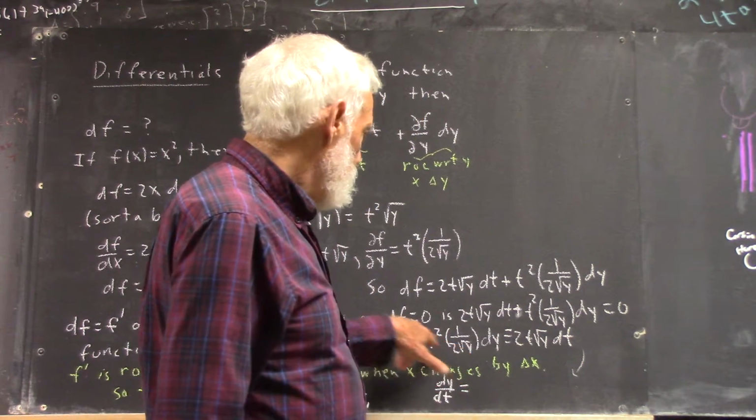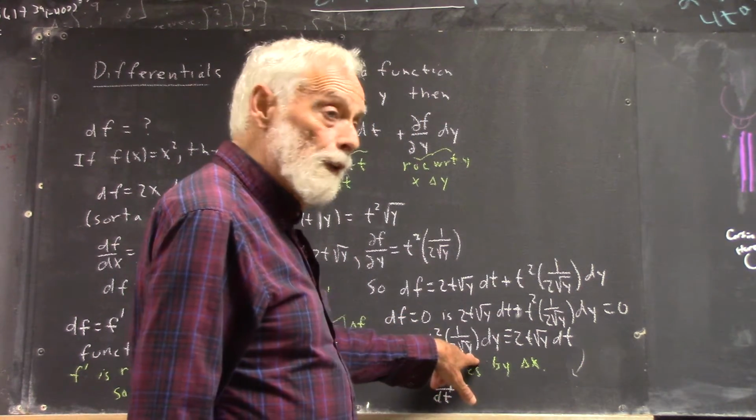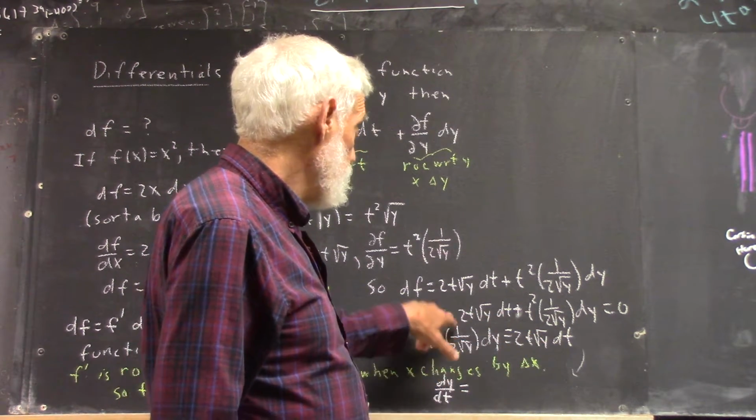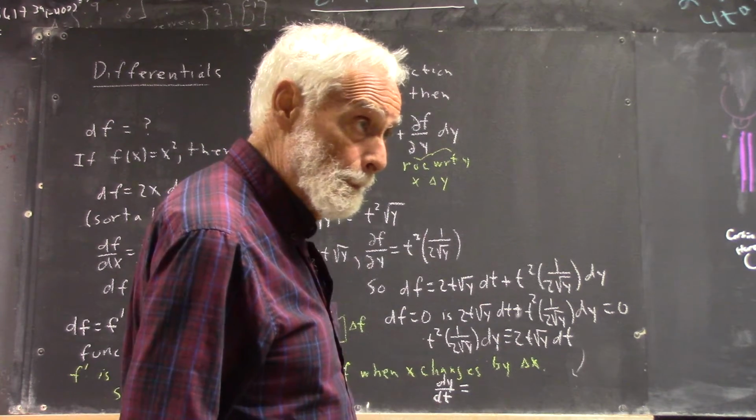Well, if I also divide by this, I'm going to have 2t square root of y over t squared times 1 over 2 square root of y and all that, right?